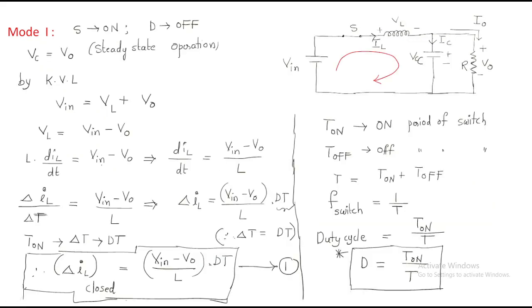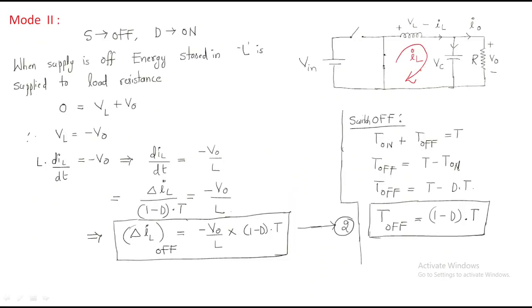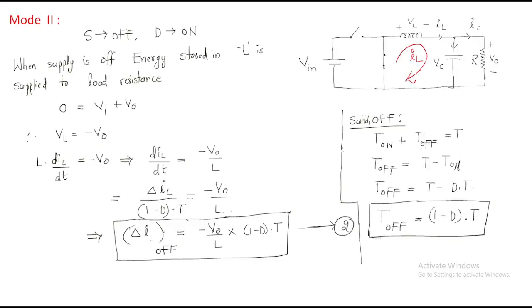First equation: the change in inductor current when the switch is closed. Second equation: the change in inductor current when the switch is off. So by using these two equations, generally for the inductor in a cycle, the net charge in an inductor is 0.